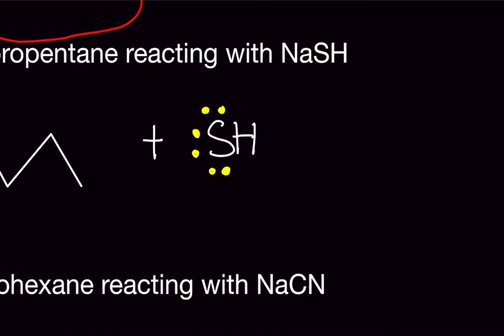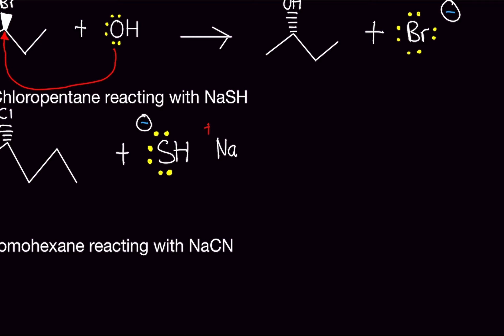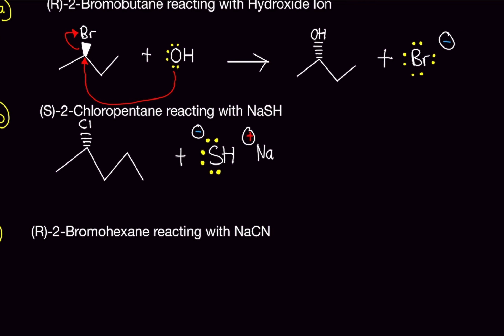That, and then this is a negative. Now you could draw in the sodium. So if I wanted to, I can draw in the sodium here, like this. But just know that the sodium is not reacting with the actual molecule, right? Because it's not a nucleophile.